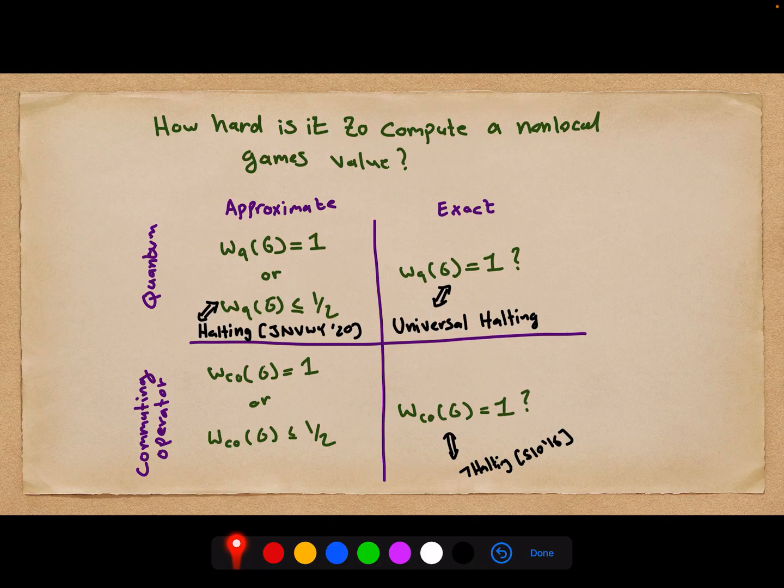In this paper, we also give an alternate proof of William Slofstra's result using techniques that are more in line with the ones used in the MIP* = RE paper. What remains is to characterize the approximate commuting operator problem, which is believed to be also equivalent to non-halting, but that is an open problem.